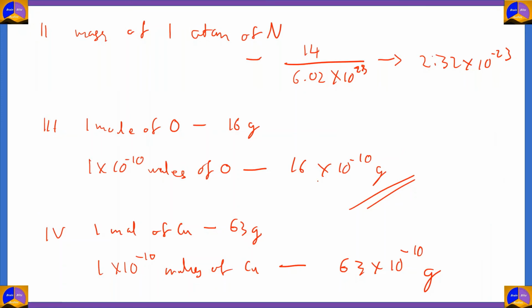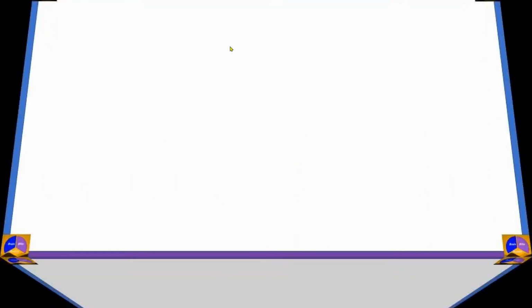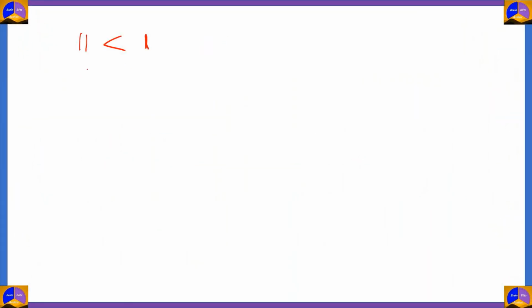And since in 3 and 4, we have the same order, 10 raised to minus 10, and 63 is greater than 16, we can also write that 3 is less than 4.